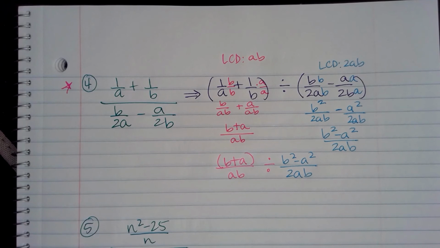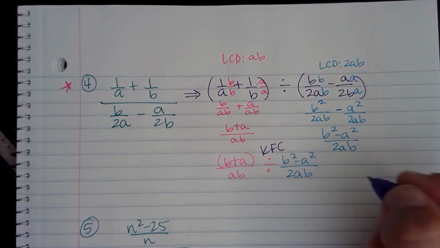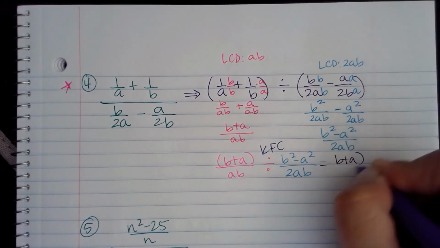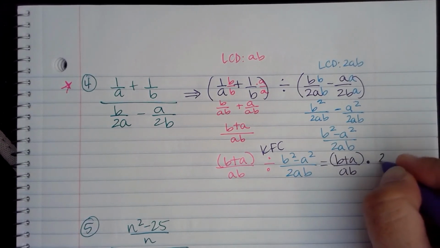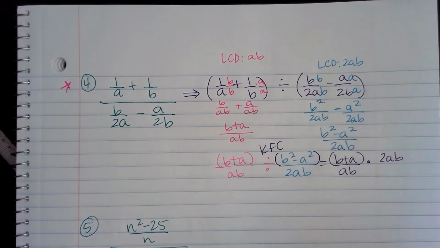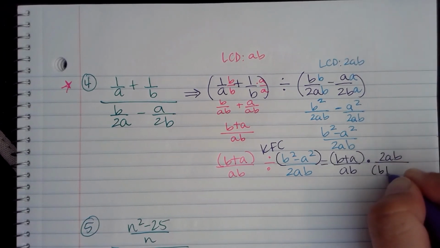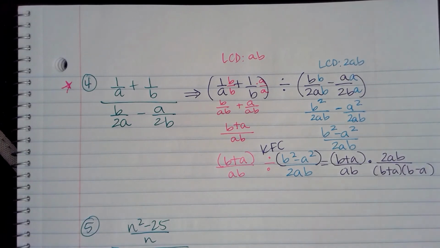Okay. And then that we can KFC. So that becomes B plus A over AB times 2AB. And hopefully you saw that this right here was a difference of two squares. So that's going to be b plus a times b minus a.